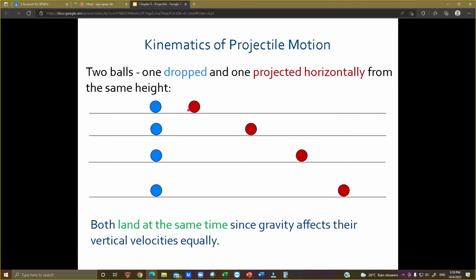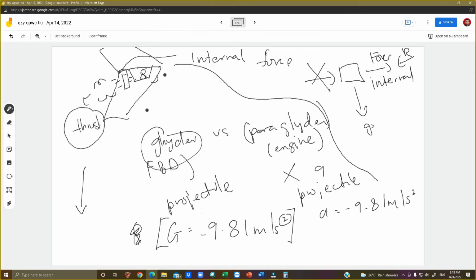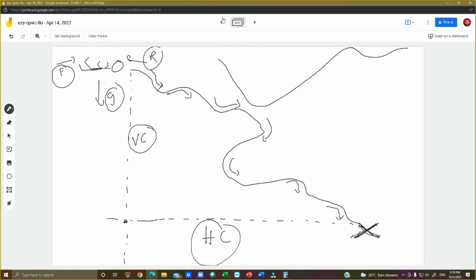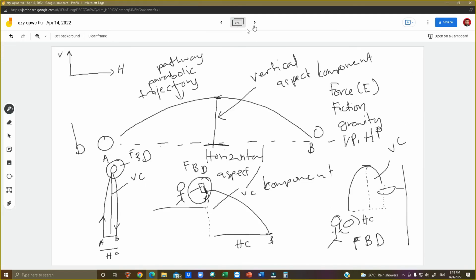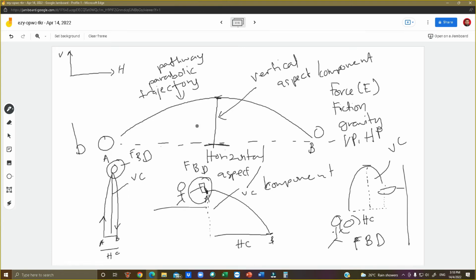Because in projectile motion, the only thing that pulls it down is gravity, and the value of gravity is equal along the projection. Along here, the gravitational force is similar. It doesn't matter where, at the peak, here, or down here, the gravitational force is still similar.